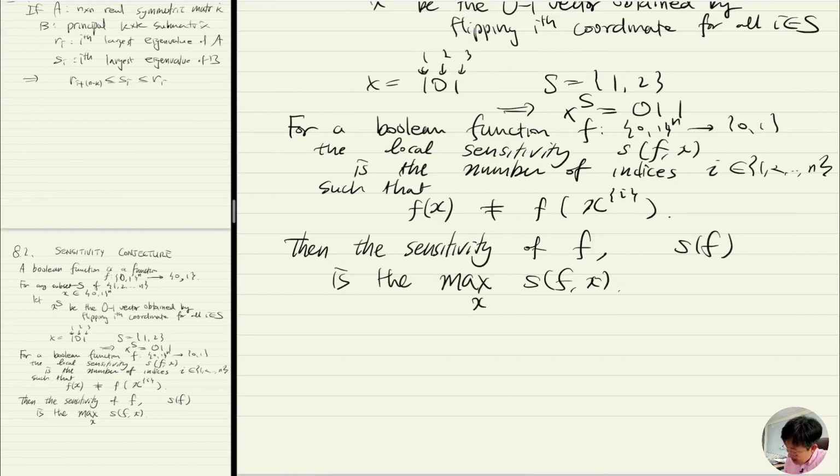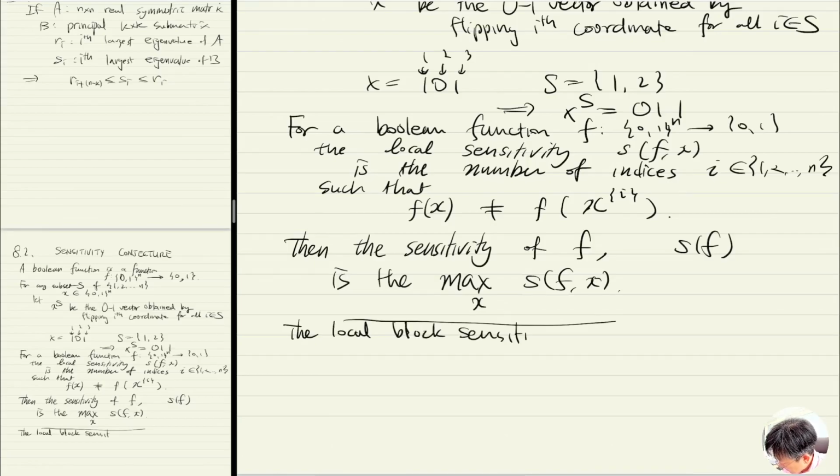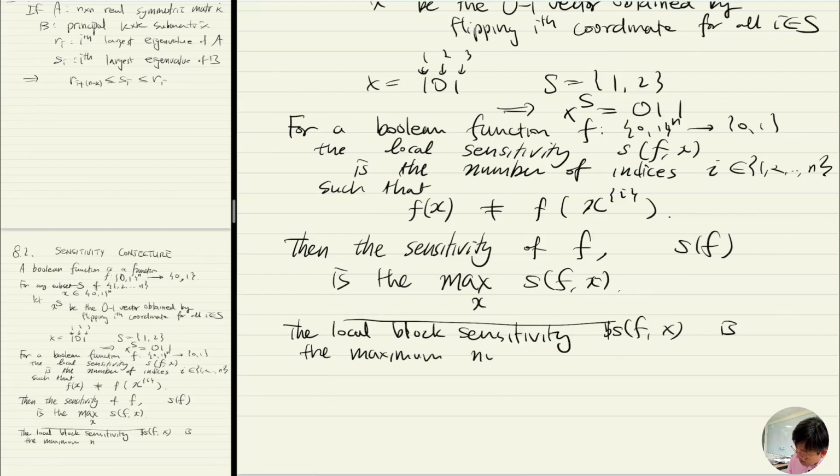Now, this is a local sensitivity, and then there is something different. The local block sensitivity bs(f, x) is the maximum number of blocks, let's say B1, B2, up to Bk, subsets of 1 up to n.